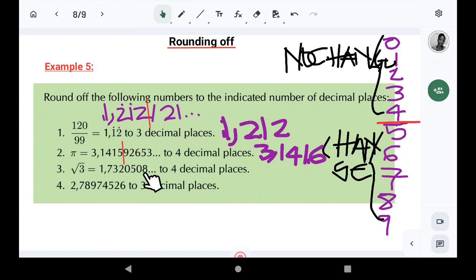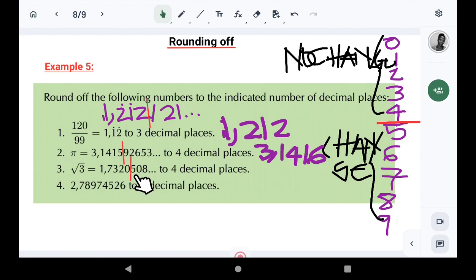Next, round off correct to 4 decimals. 1, 2, 3, 4. Put a line between 0 and 5. Then you look up the number after 0.